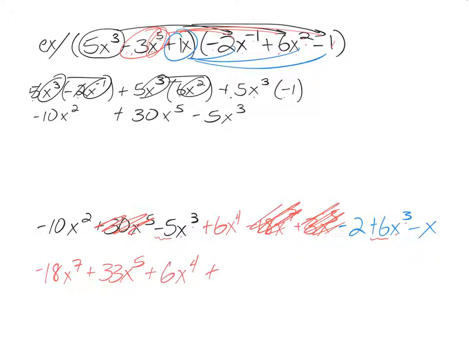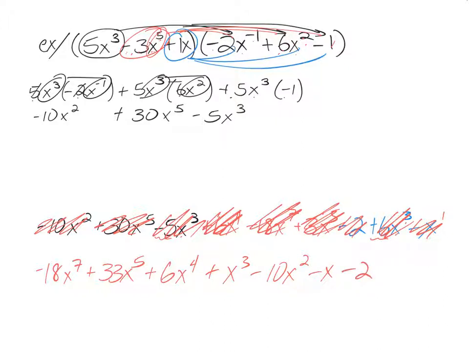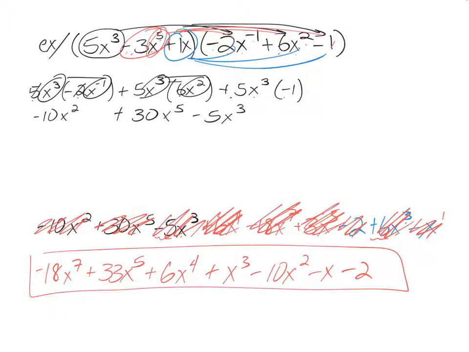Then we have the plus x cubed. All right, there we go. Next would be x squared. I only have one term with an x squared, so that'll be minus 10x squared. And then I have an x to the first power right there, minus x, and then I have a constant minus 2. So there is the answer for the multiplication of that one up there.